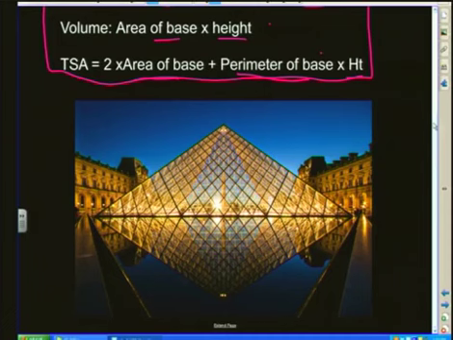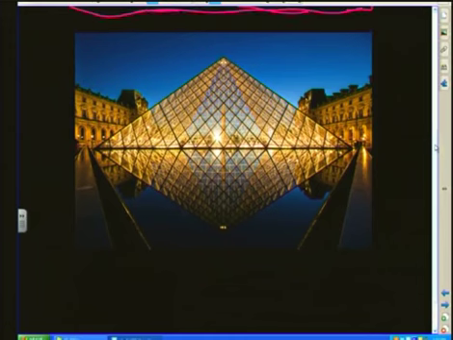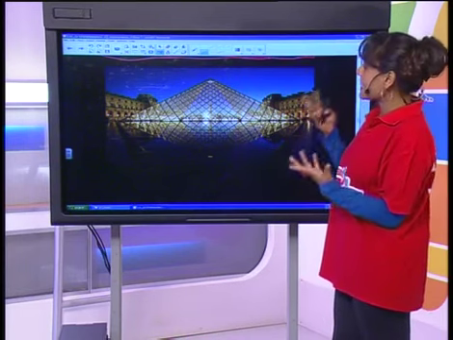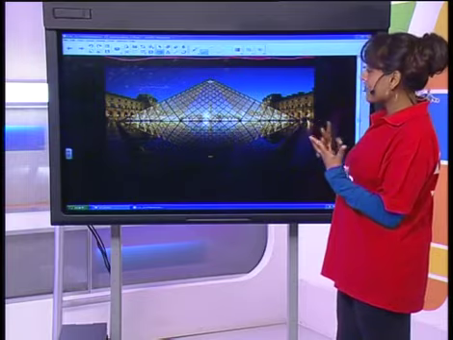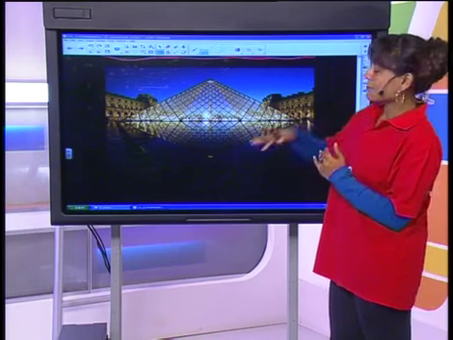Now, if you have a look at your screen, guys, you'll see this gorgeous picture of this beautiful object. Megan knows it because she has seen it. This is the Louvre in Paris, this gorgeous glass pyramid, and it has a reflection, as you can see. This is just taken at night. If you actually go to the Louvre, which is a museum in Paris, it's a reflective dome.